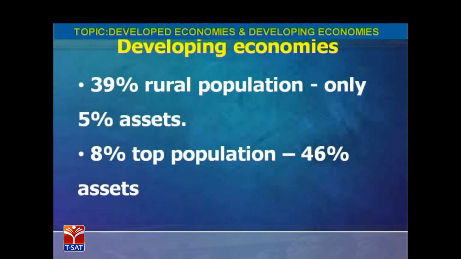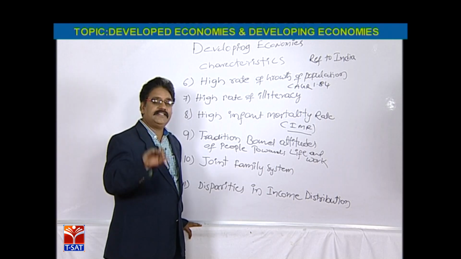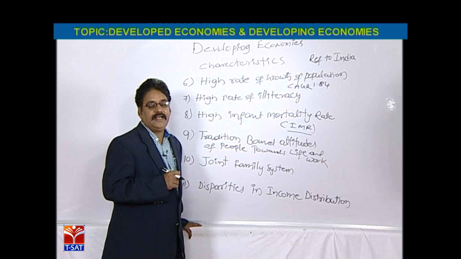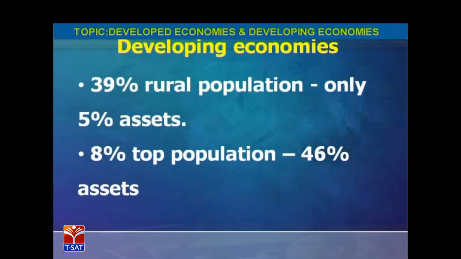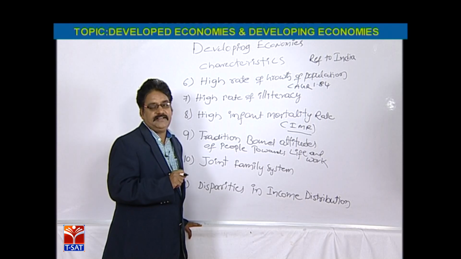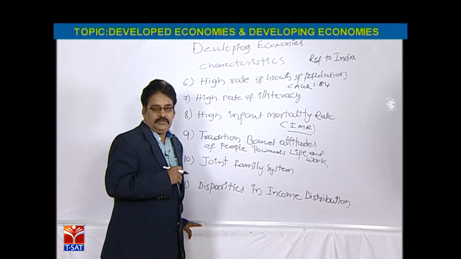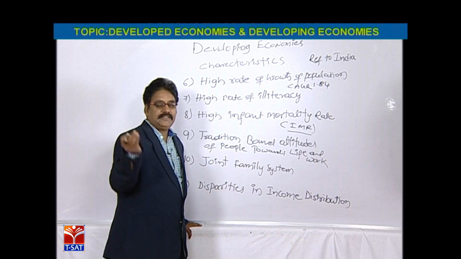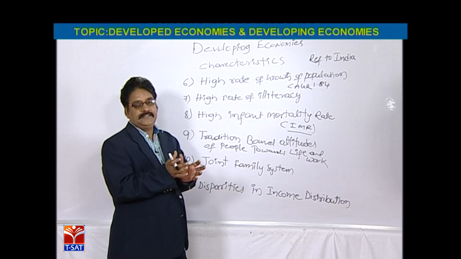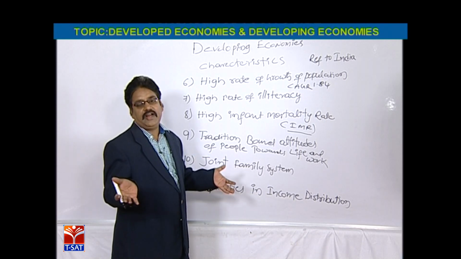The rich 5% of the population enjoy 46% of the assets, whereas the low 35% of the people have only 5% of assets. 35% of the population has only 5% of the assets, whereas 5% of the population has that much. High assets are concentrated in few hands, and few assets are concentrated in many hands.